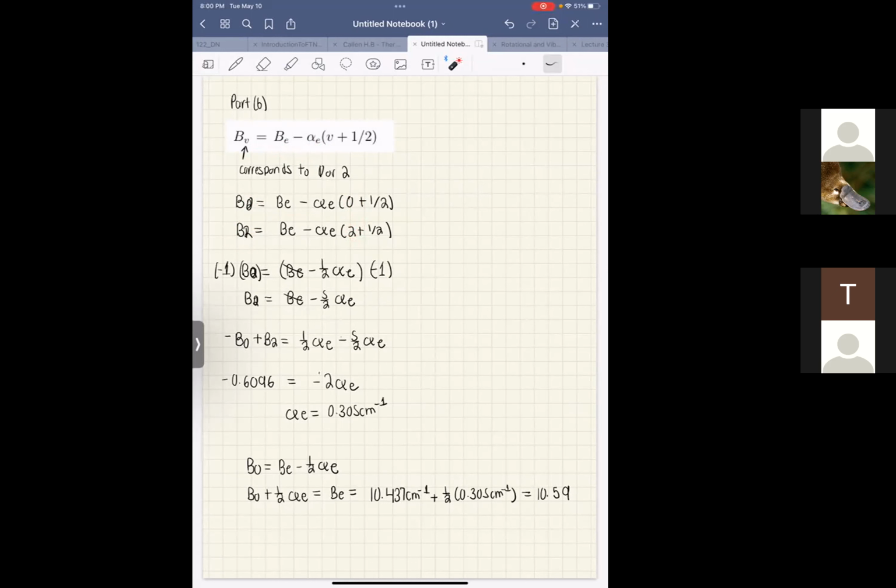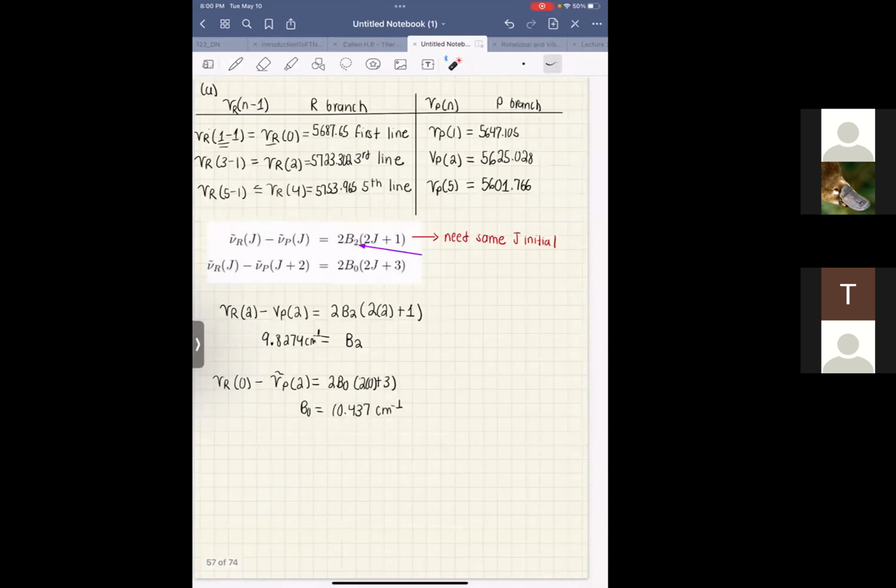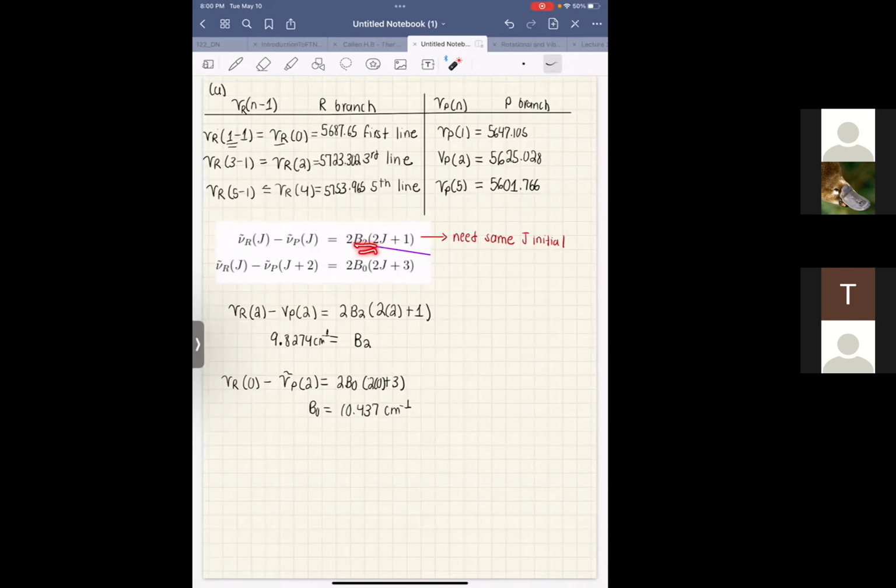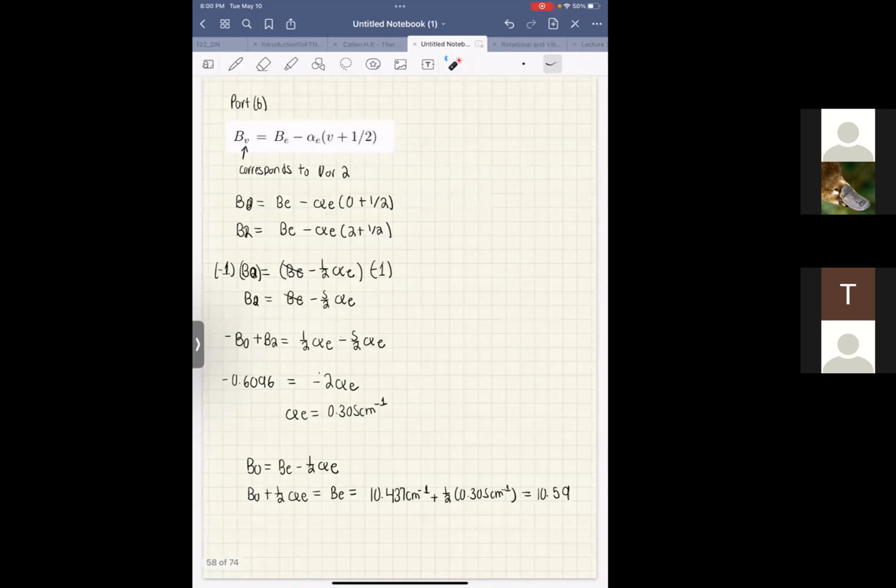I mean, we need to find these values here, but we have B of 0 and we have B of 2, which is shown here. Right, so that means we can plug in what we got, and we can subtract them and then just solve them like a linear set of equations.